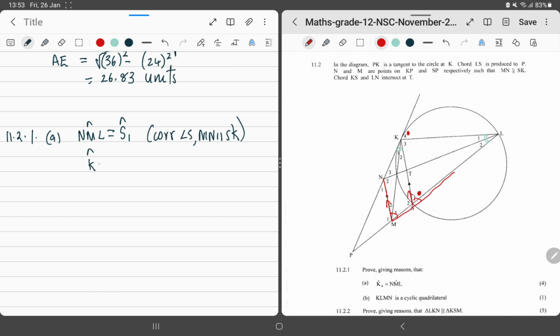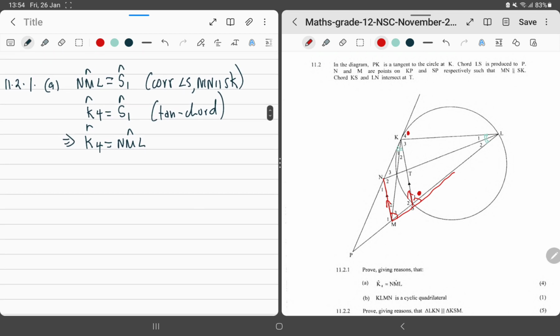And then I know that K4 is also equal to S1 because of the tan chord. This means that K4 is equal to NML because they are both equal to S1.